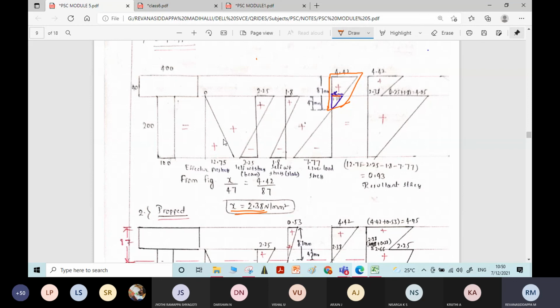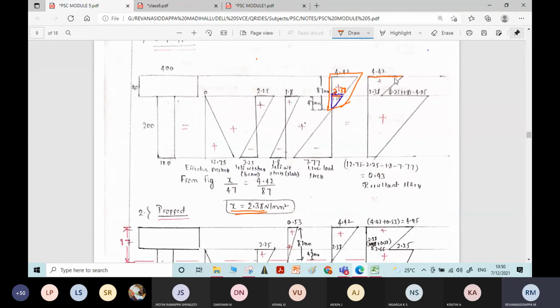So here it is 2.38. Then, coming to the resultant diagram, at the top there are no stresses, only 4.42 is there. You write 4.42.